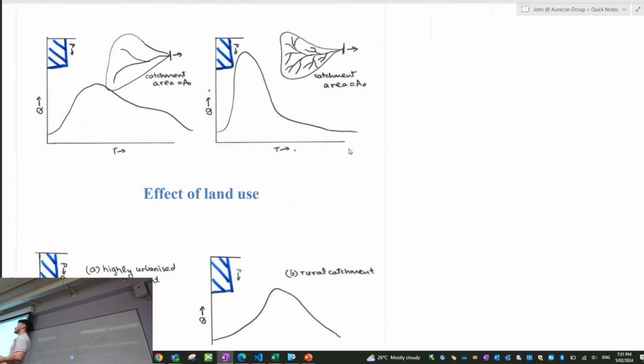I have another way that you might like to put it. Remember when I was talking about evaporation measurement, how we were sticking an evaporation pan out and using it to estimate an area of evaporation? More often than not, 100% of the time, your catchment area is not going to be flat ground.